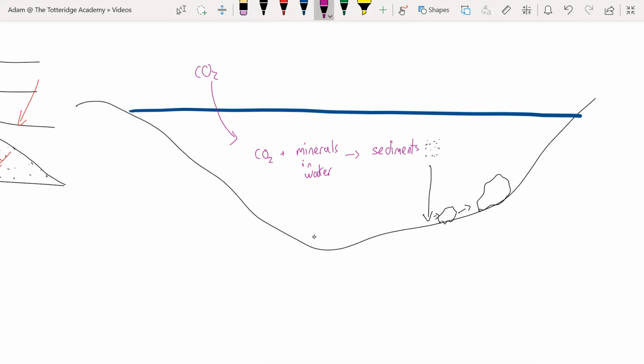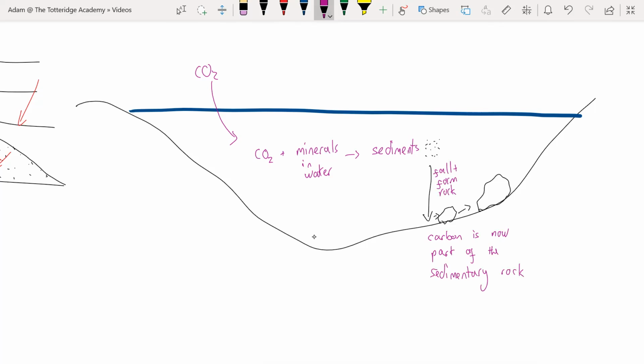The carbon is now part of the rock. So the sediments fall and form rock. And the type of rock is called sedimentary rock.